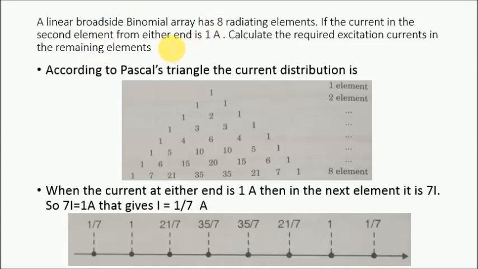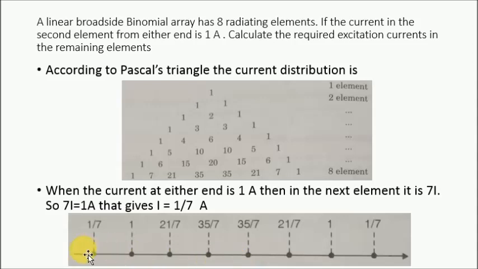So in this array antenna there are a total of 8 elements, and a current of 1 ampere is flowing through the second element from either end. So from either end: 1, 2, 3, 4, 5, 6, 7, 8.